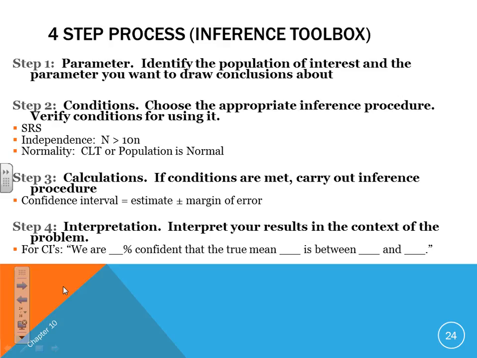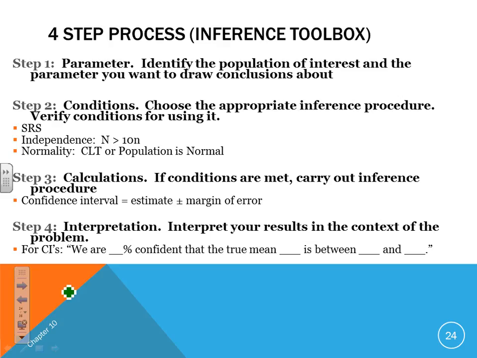Now, this four-step process here, this is what we're going to focus on for the rest of the chapter. We introduced what the conditions were today, but we're going to go ahead and do the whole process. I'm just going to intro it now in our notes, and then when we get to class tomorrow, we're going to go through the actual example.